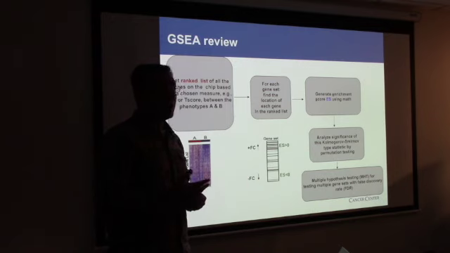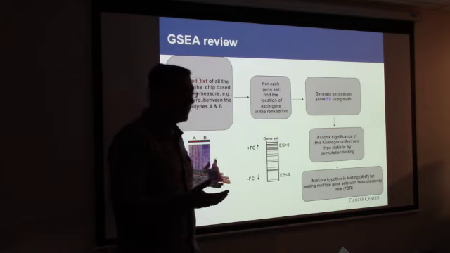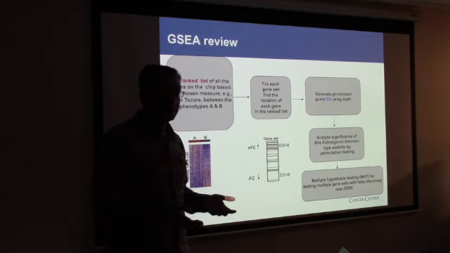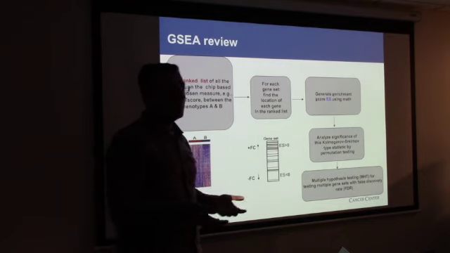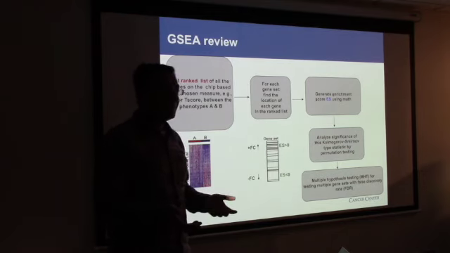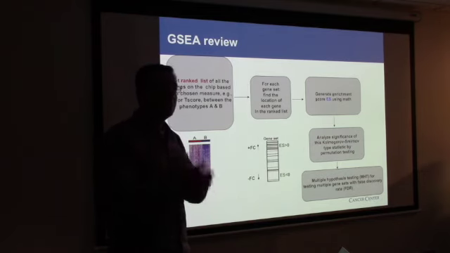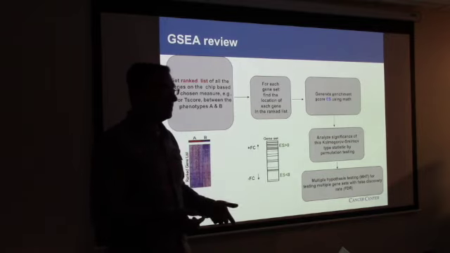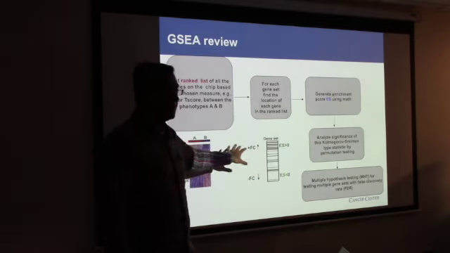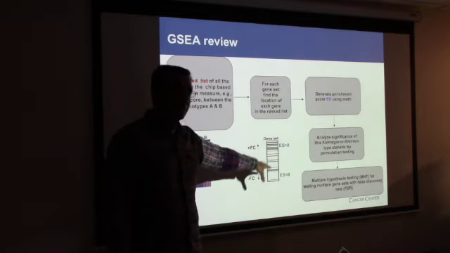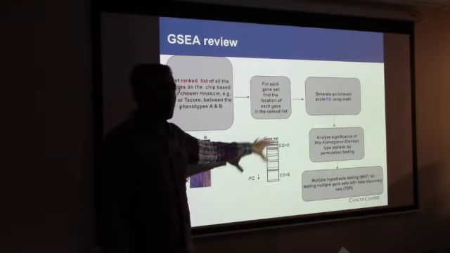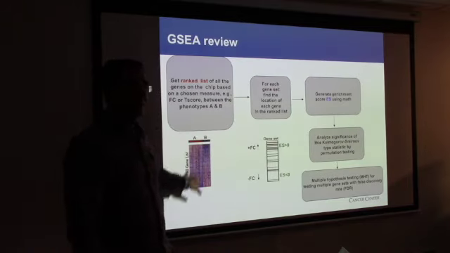Now in real GSEA, you're testing hundreds of thousands. So if you're testing 100,000 gene sets, then you are getting what, 1,000 just by chance. So you want to do the multiple hypothesis testing correction, which is actually done for you in GSEA when they give you the results. So what you want to look at is the adjusted p-value here, or adjusted statistics, not the original p-value, okay?